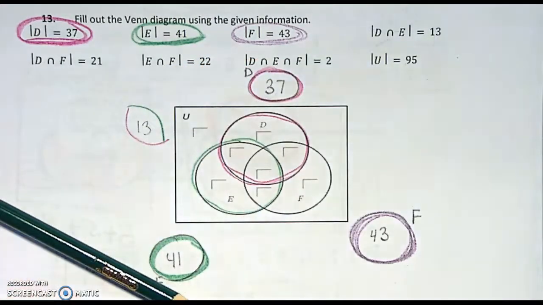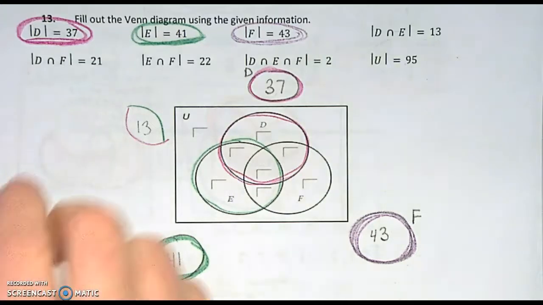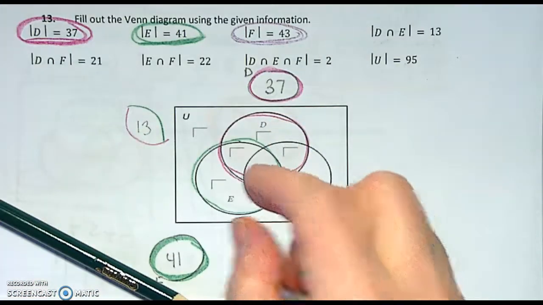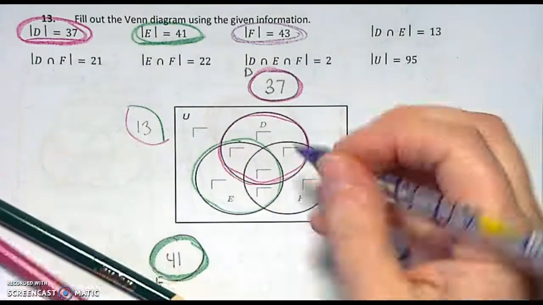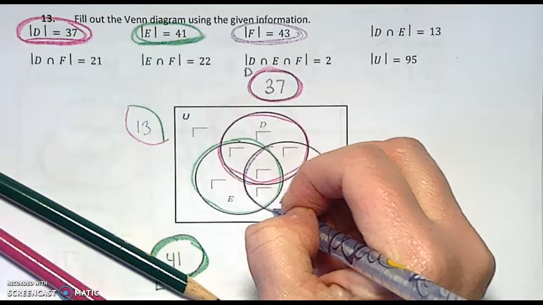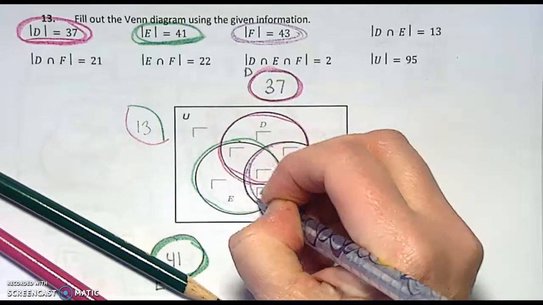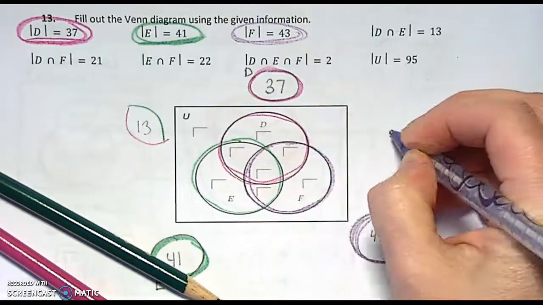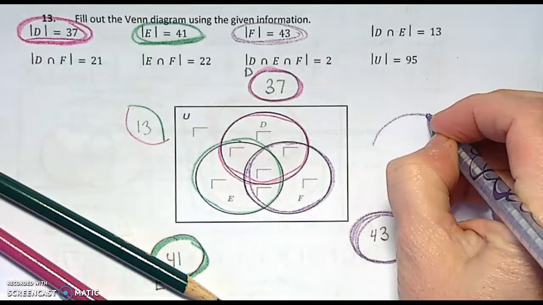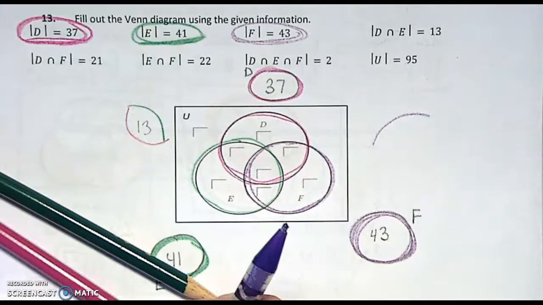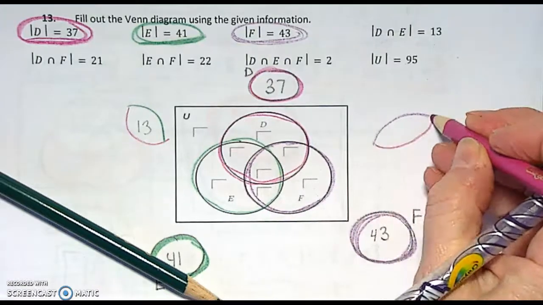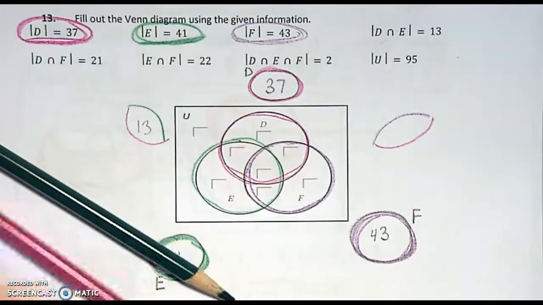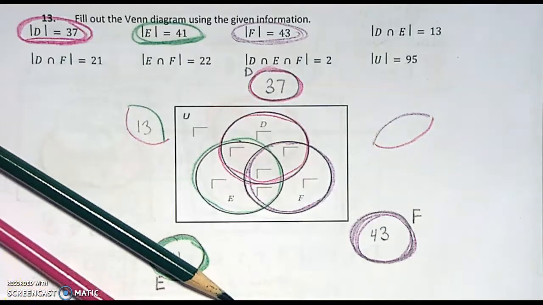We're going to do the same thing for D intersect F. So D intersect F, we'll use pink and purple. I haven't drawn the purple in here yet. Pink and purple. The purple is going to be this part, D intersect F, and then it's got the pink for the D, and that had 21 students in it, or items.